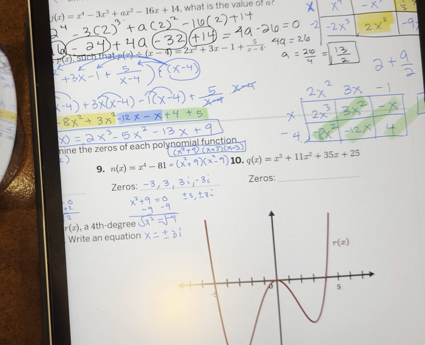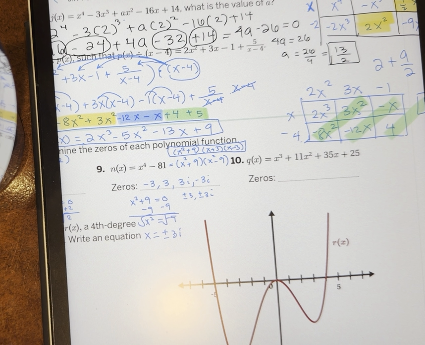And now this guy. Okay. This doesn't factor. And it's a cubic function. So that means I need to find a 0.